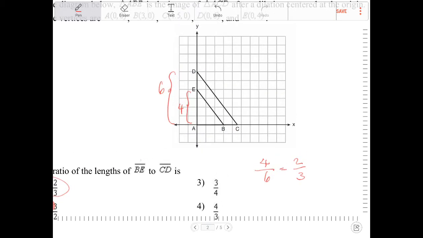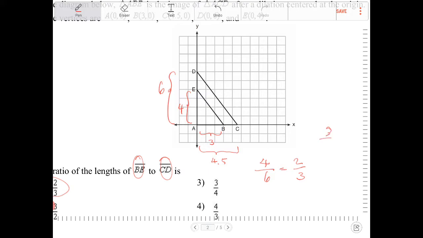Even though it's asking for BE and CD, all of these parts will be proportional. So look, check this out. This guy right here has a length of 3. And this guy right here has a length of how much? 4.5, right? If I multiply 4.5 by 2, I will get 9, right?